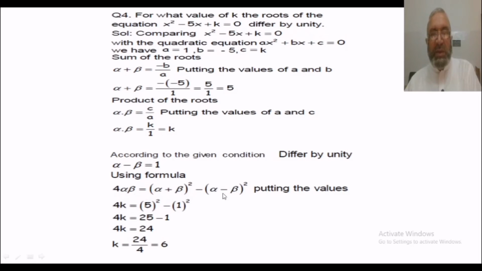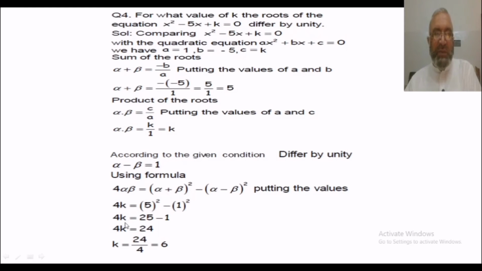So look at the formula, we have product, sum, and difference. Now putting the values of these three known quantities: 4 into alpha beta, the product, which is k, is equal to alpha plus beta, that is 5, square, minus alpha minus beta, which is 1 by the condition, square.